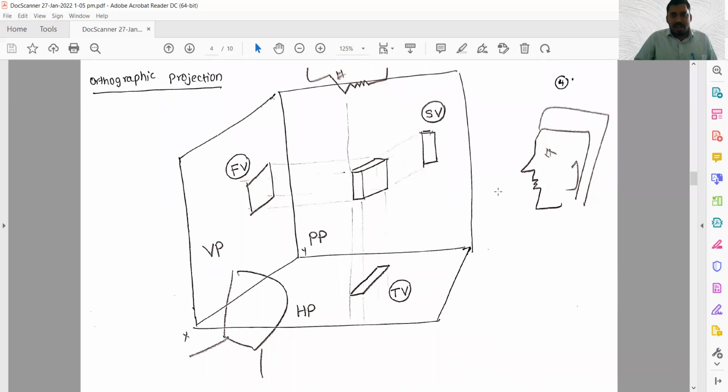See this diagram, all of you. Here I have shown 3 planes on the slide.